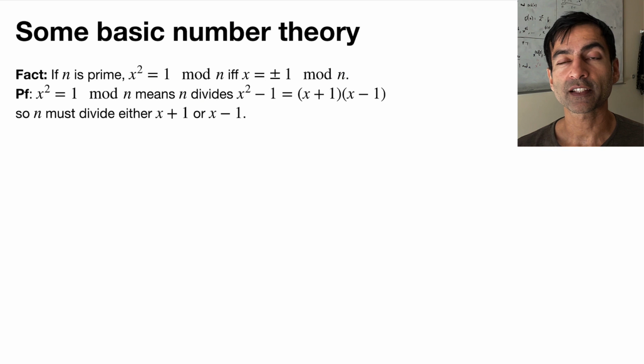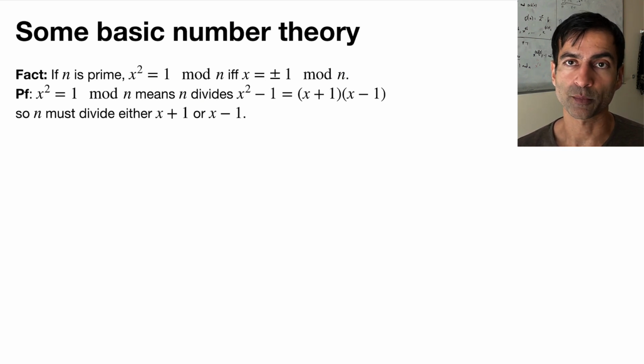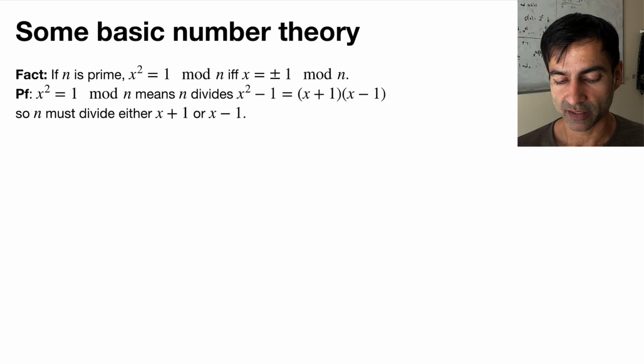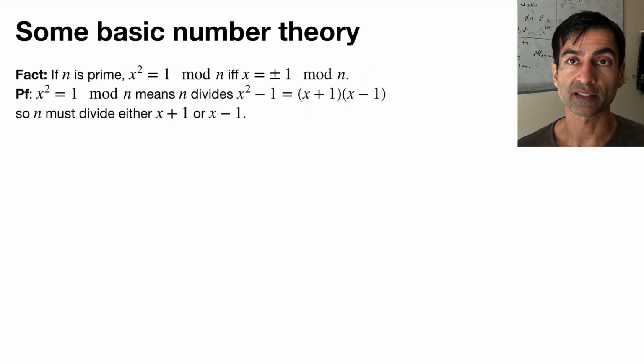And that's a fact that's true for n that's prime, but not true for n that's not prime. And why is it true? Well, if x squared is equal to 1 modulo n, that means n divides x squared minus 1. But x squared minus 1 is equal to x plus 1 times x minus 1. So that means n must divide one of these two, because n is prime.